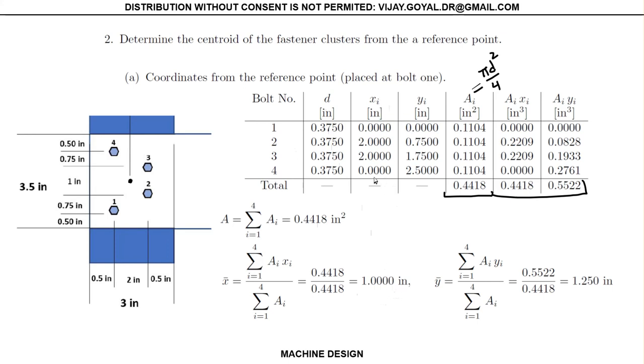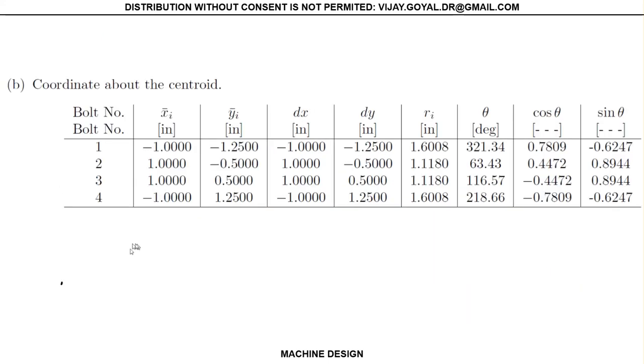So every value you have here, subtract 1. Every value you have here, subtract this value. Once you do that, you get the new coordinate system I'm going to use. Your dx is the distance.